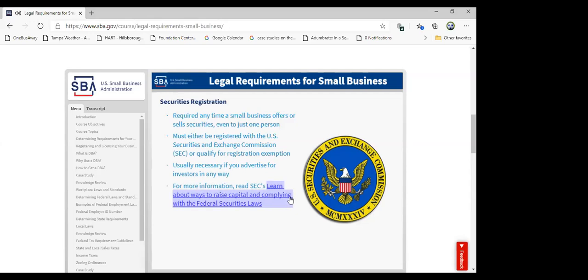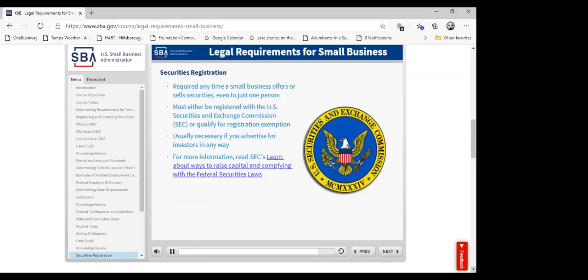You can get more information on registering offerings by reading the SEC's A Guide for Small Businesses on Raising Capital and Complying with the Federal Securities Laws Guide. Note that public offerings are not recommended for new businesses because of the time and cost involved, and they lack the prior performance needed to generate sales. Okay, we're going to talk about that also when we get into corporations.